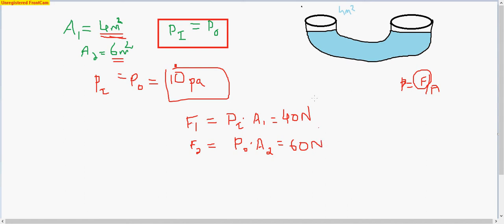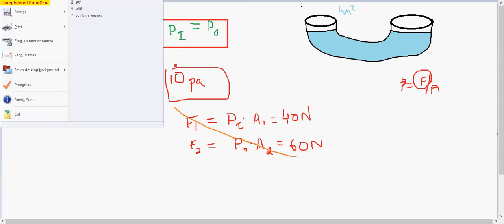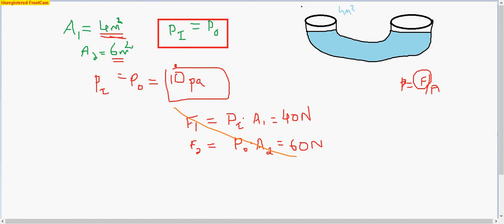Now that's something strange, right? You see that the pressure is the same. So what can we infer from this? From this we can say that F1 will not be equal to F2. So if we apply a force over here, it won't be equal to the force exerted by the fluid.